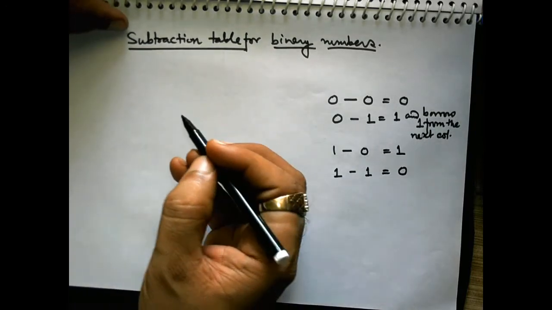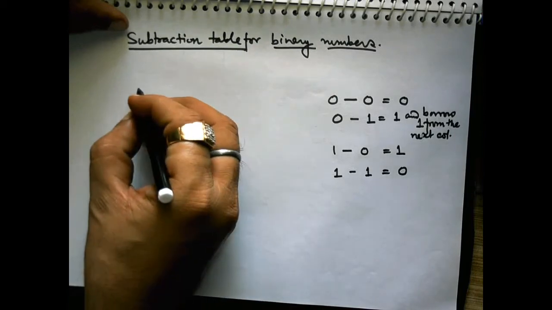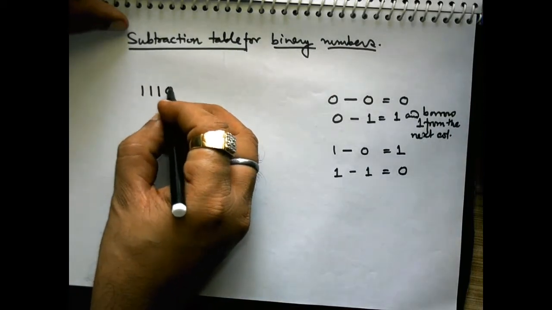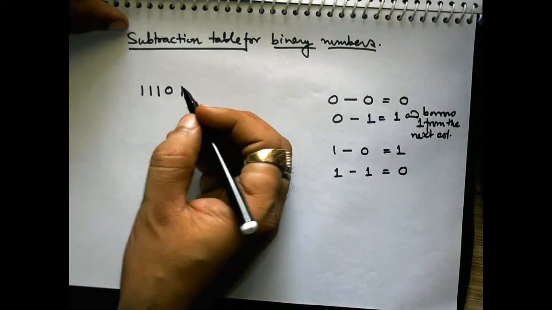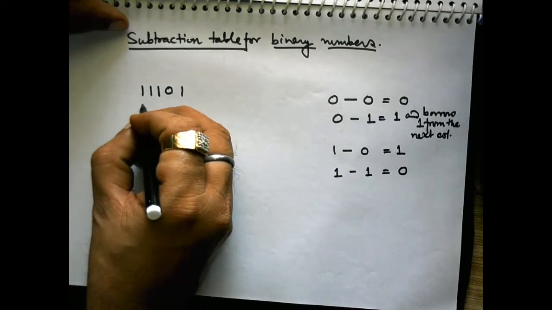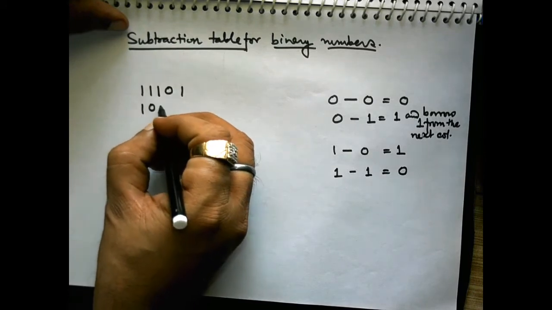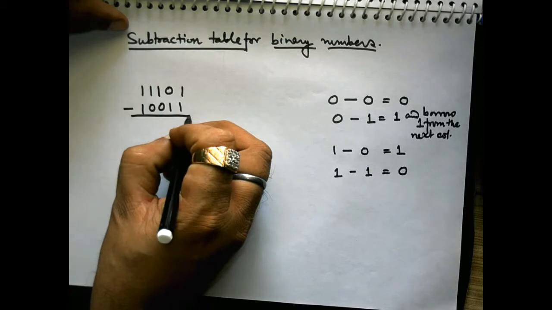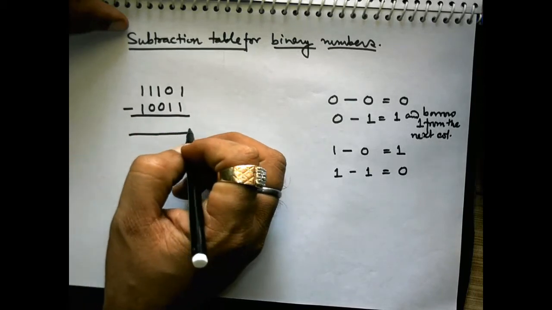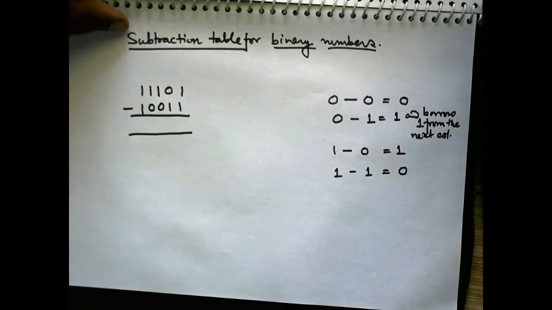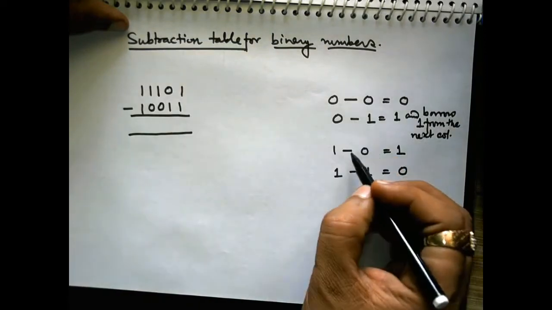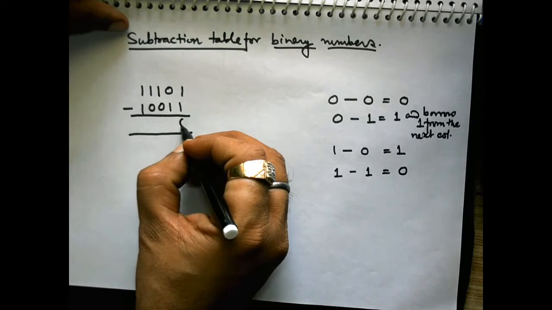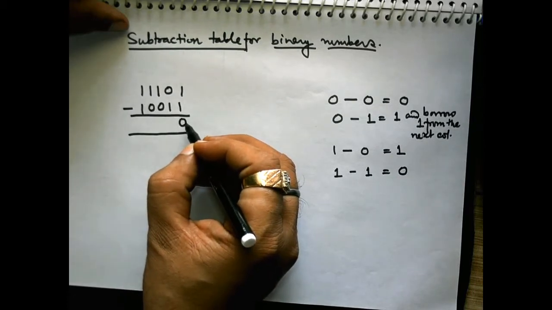Just for the sake of example, take 1 1 1 0 1, and let us subtract 1 0 0 1 1 from this number. If we look at this table, in the very first column, 1 is subtracted from 1, result is 0, no need of borrow.